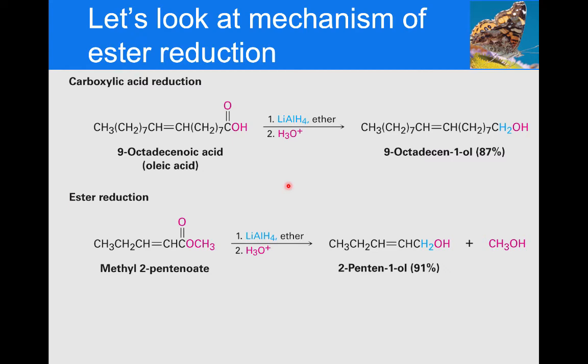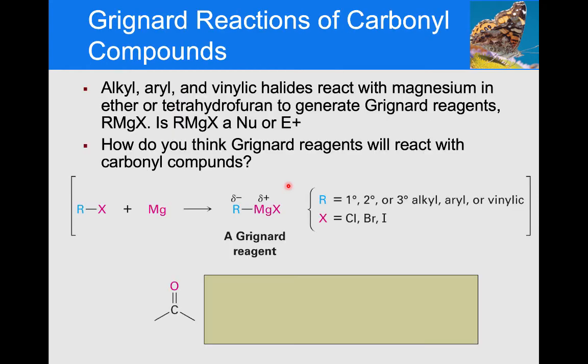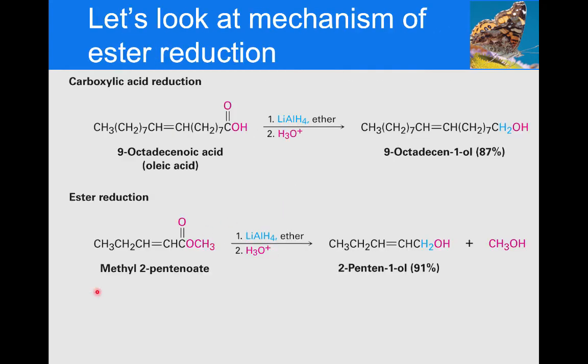So let's look at the mechanism of the ester reduction really quickly. When I see my LAH, I'm thinking of that as H minus. That H minus is going to add to the carbonyl carbon here, pushing the electrons up. So I'm going to draw this now in the line drawing structure, like this. So that's the O minus.